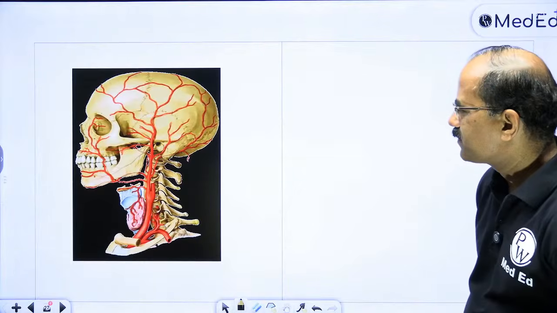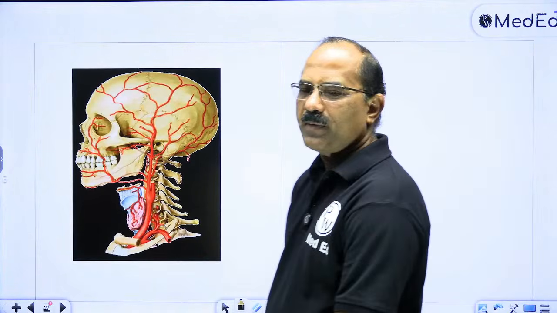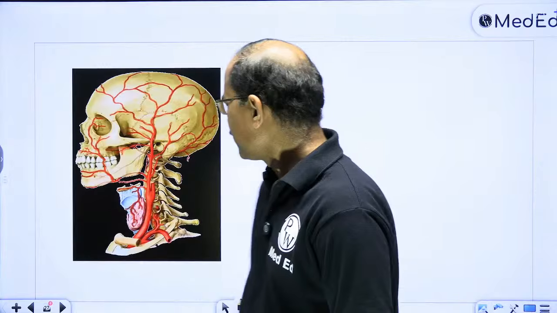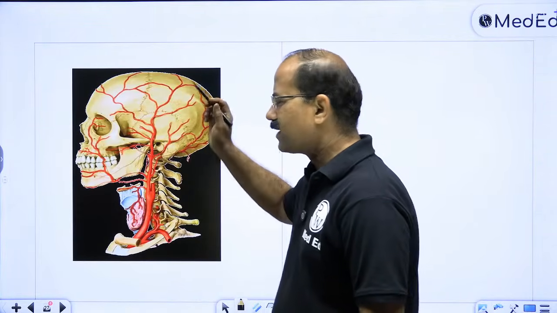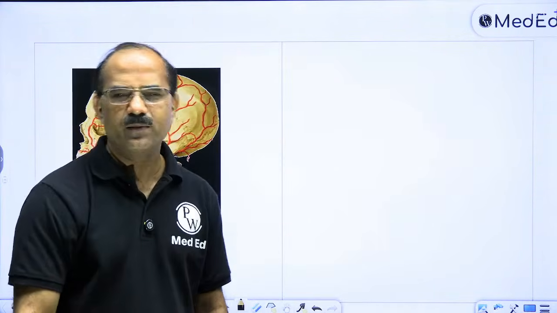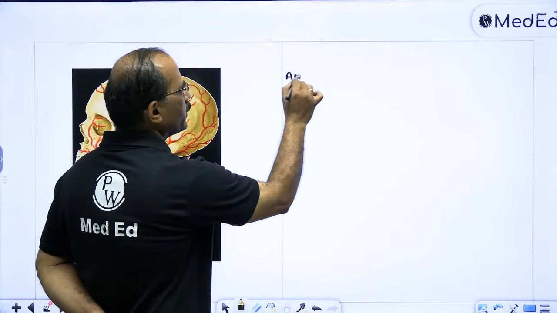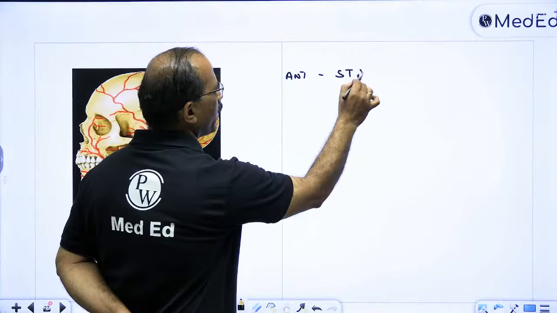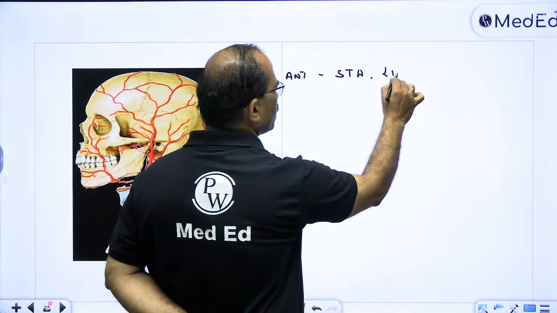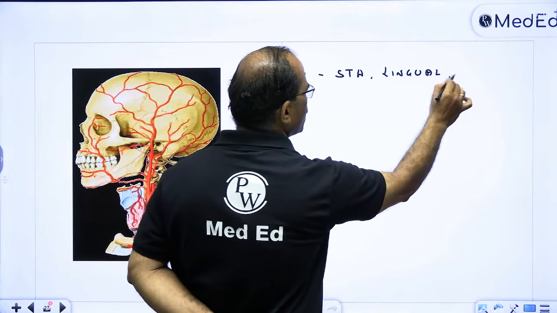Fine. So now you tell me the branches of external carotid artery. So that's the external carotid. उसके branches हैं. Easy है. So anterior branches is superior thyroid artery, lingual, facial.